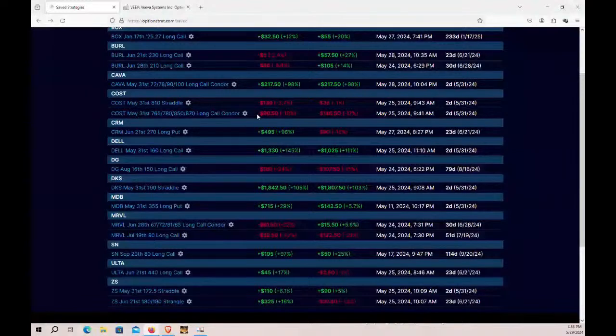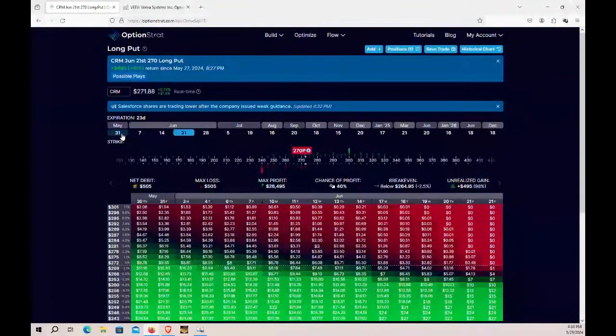Moving forward, today we had two earnings that I was looking at for a long time, and this one was Salesforce. That's what I'm talking about right now. They had bad results. It says Salesforce shares are trading lower after the company issued a weak guidance.